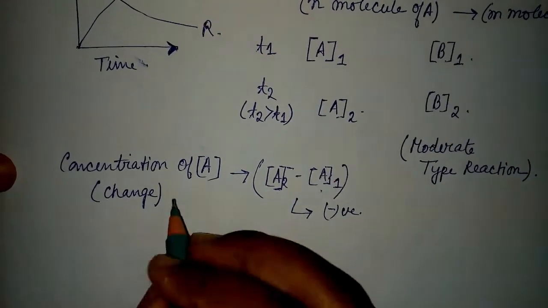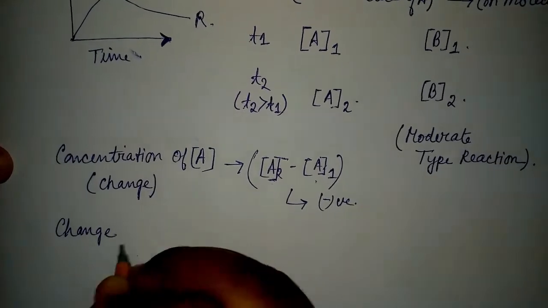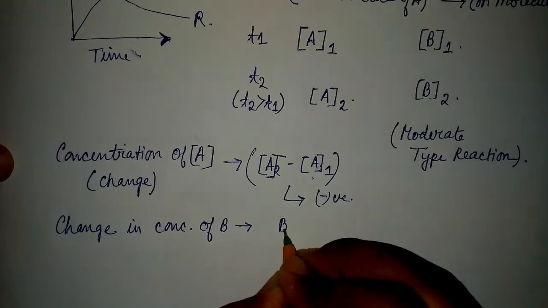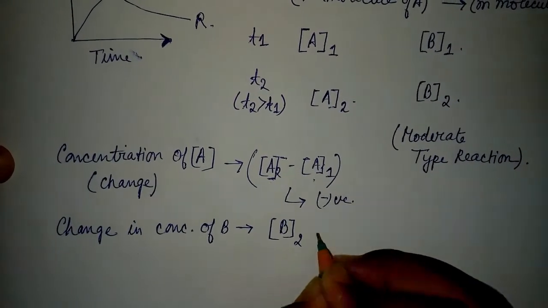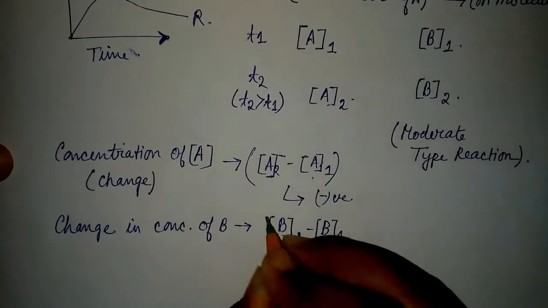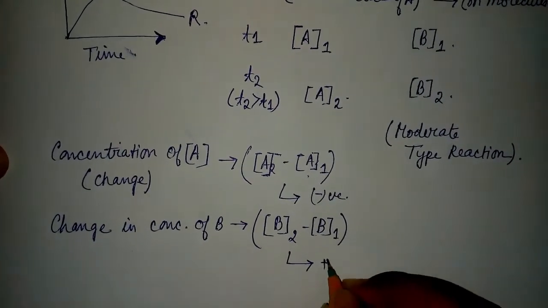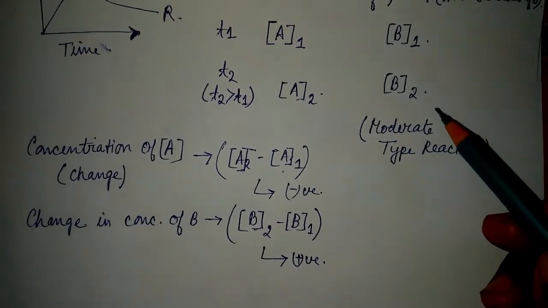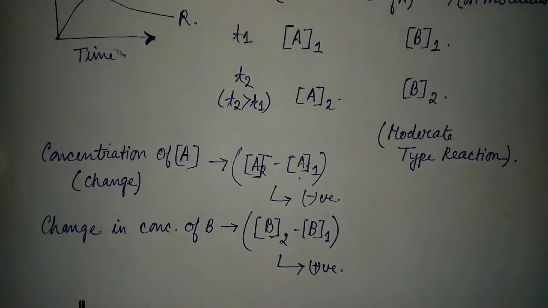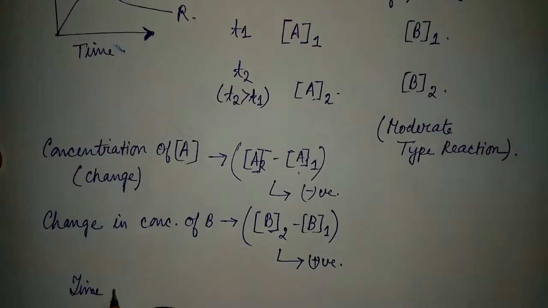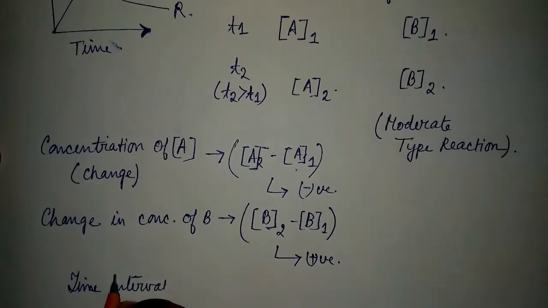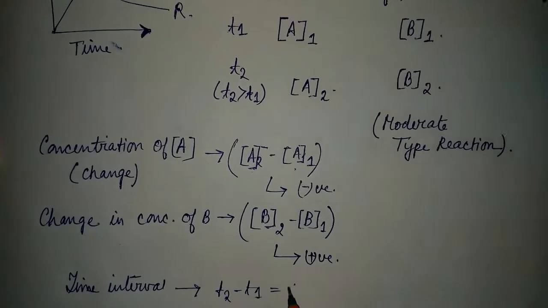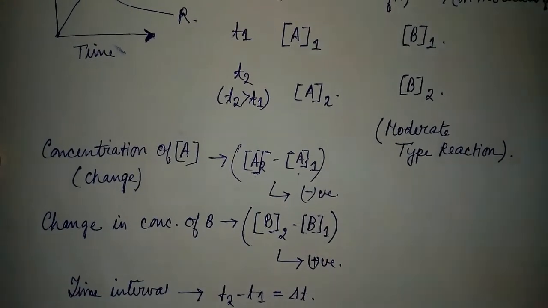Again, the change in concentration of P can be written as B2 minus B1. This term will be positive because product concentration will increase with the increase in time. Now the time interval is t2 minus t1, a small time interval, that is why we can write delta t.